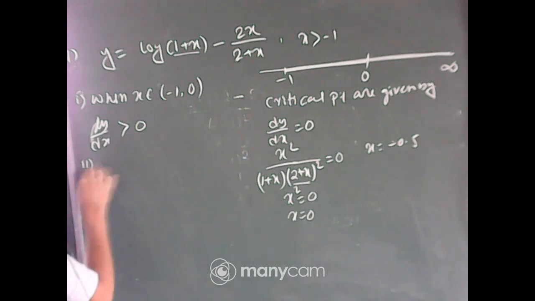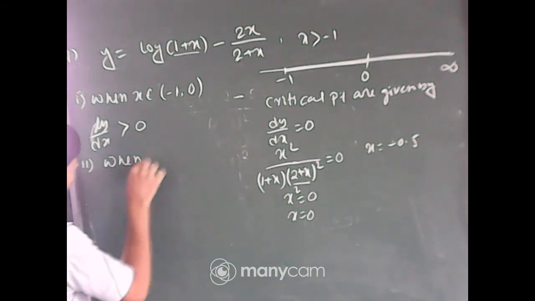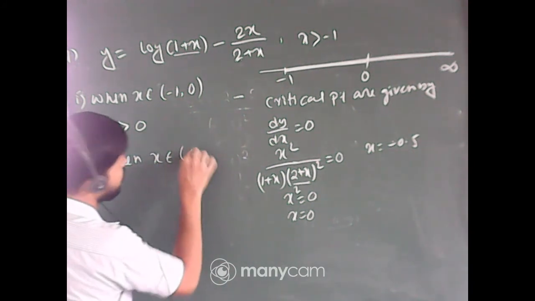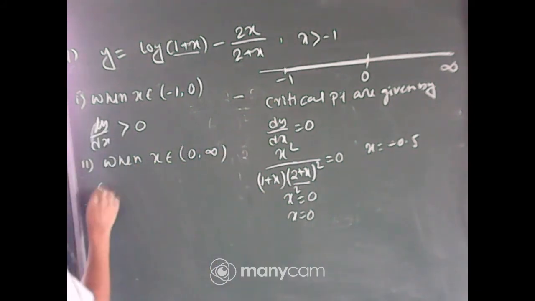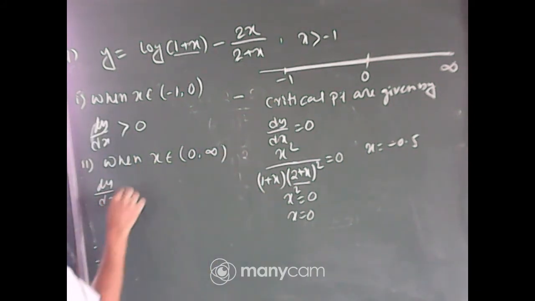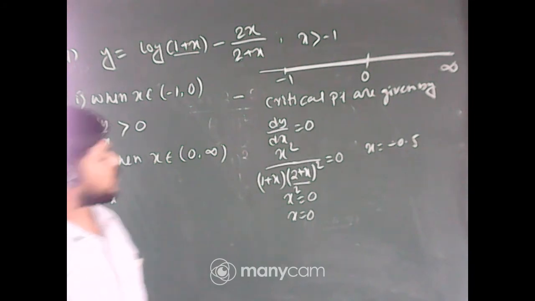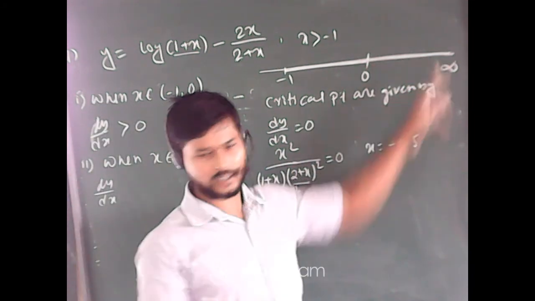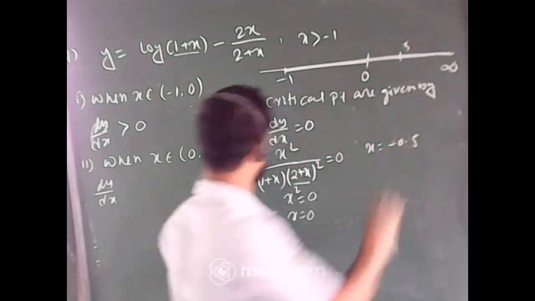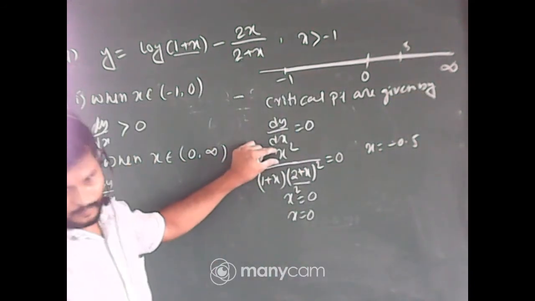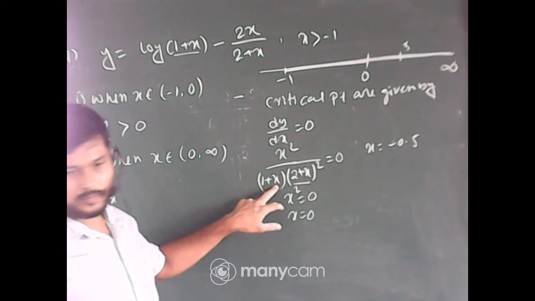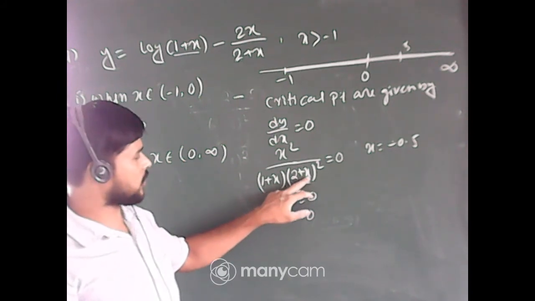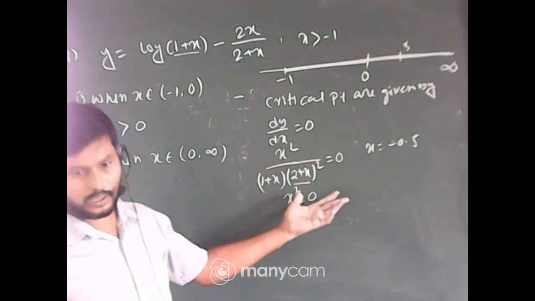And one more interval is there. Case 2, when x belongs to 0 to infinity. Take any value of x lying between 0 to infinity, say x equal to 5, put it here. 5 square is positive, 5 plus 1 is positive, (2 plus 5) whole square is positive.